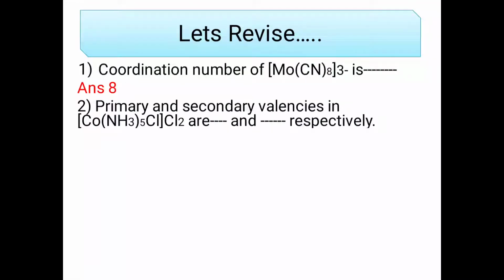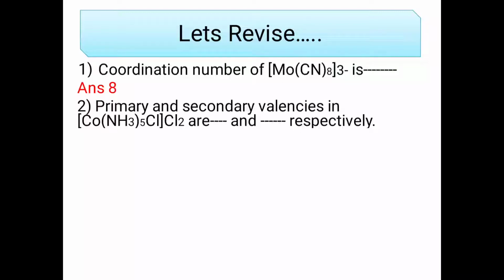Coming to the next question. The primary and the secondary valencies in the given complex are dash and dash respectively. Primary valency relates to the oxidation state and the secondary valency relates to the coordination number. So the oxidation state of the given complex is +3.